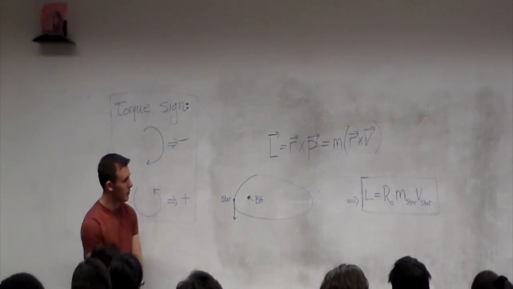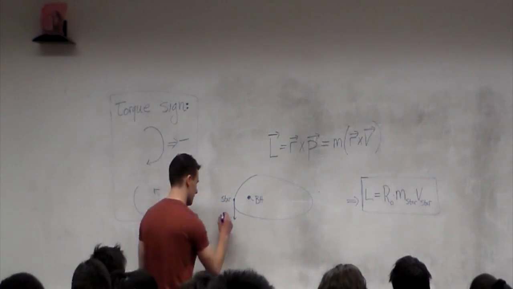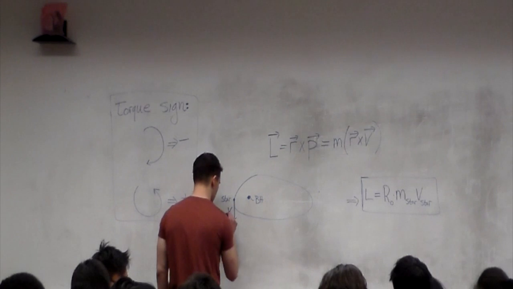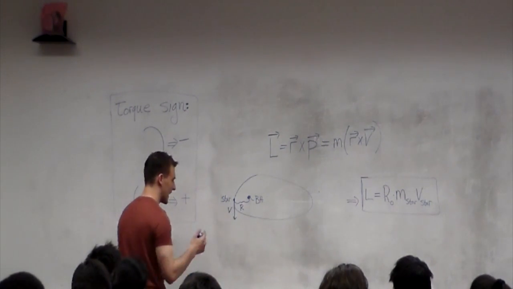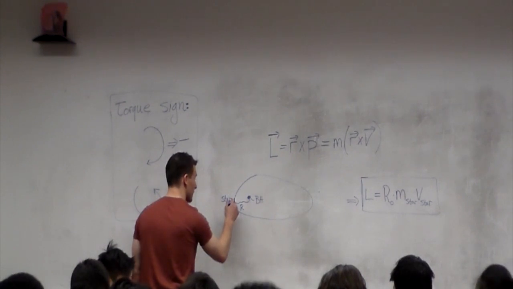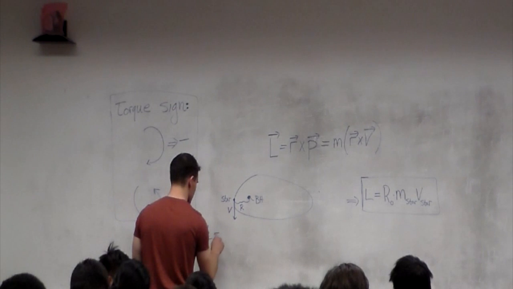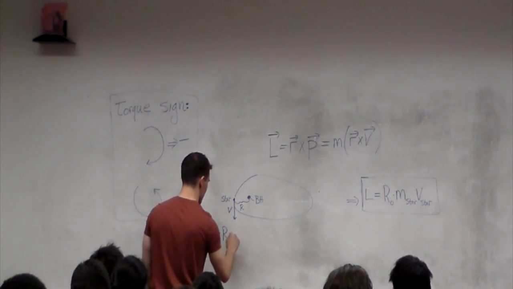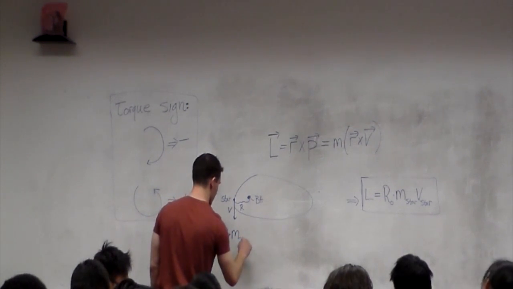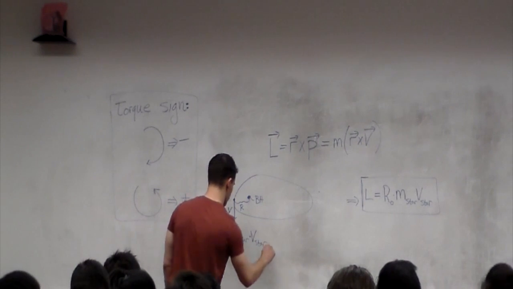Can I still calculate the angular momentum? Yeah. If I know the velocity v here, and this distance, which I can call r again, at this point, when the star is right here, the angular momentum L is equal to this distance r times m star times v star.